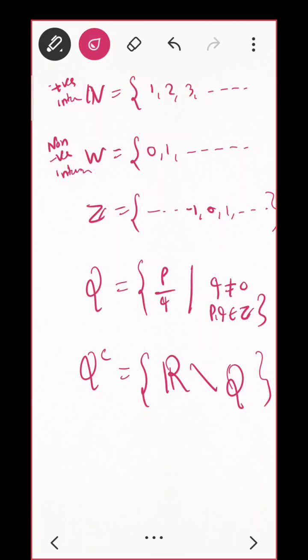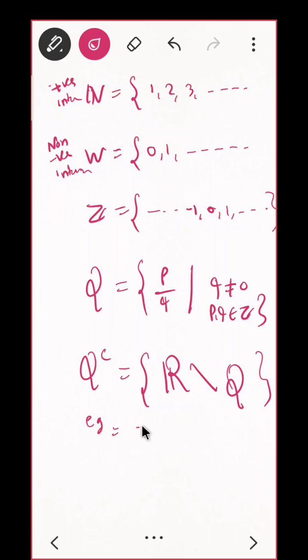From all real numbers I am removing these rationals, so I will be remaining with irrationals. So what are the irrational numbers? Those are non-recurring numbers, which we cannot write in the form p by q. That will be your irrational number. Can you give me some example?